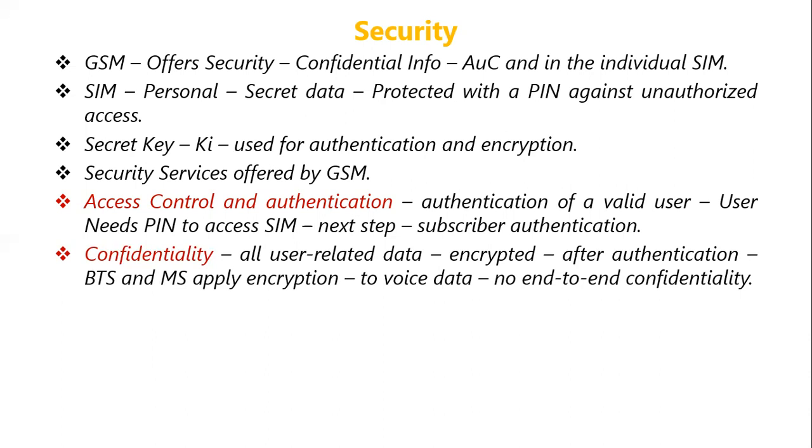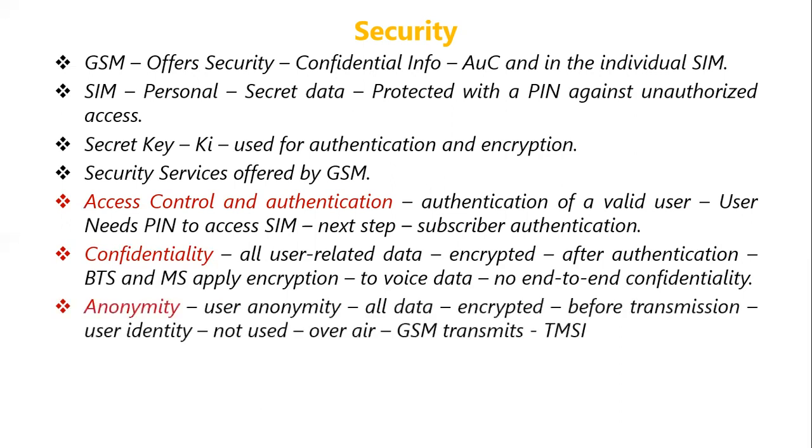Encryption is done on voice, data, and other signaling information. So it does not provide end-to-end encryption. The encryption is only between the BTS and the MS. So this is the second security service offered by GSM.